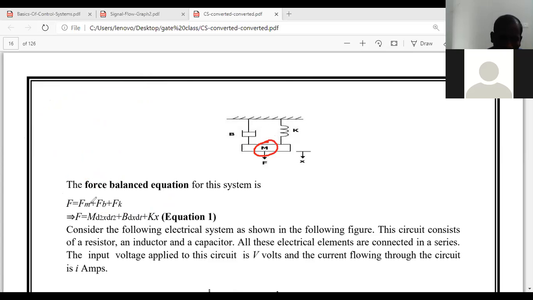All three are there on the mass element itself, and the corresponding displacement is x.